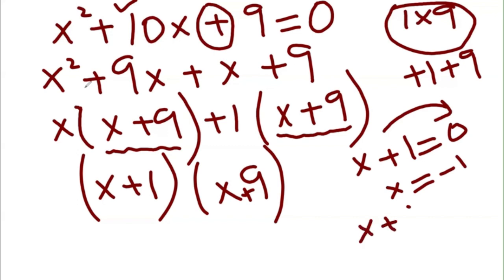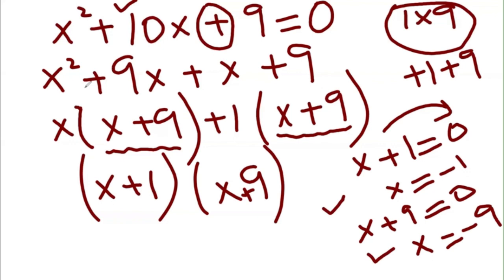And x plus 9 is equal to 0, so 9 will go to the other side and it will become -9. -1 and -9, these are the two solutions. I'm going to substitute them in the given quadratic equation, the given question, and you're going to get a 0.